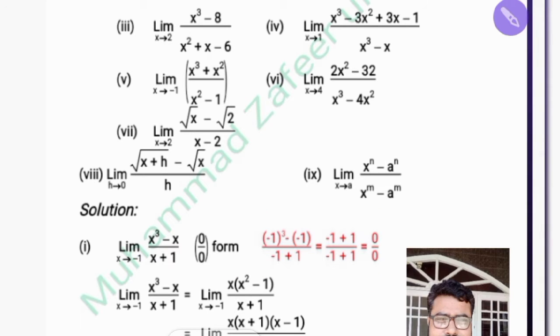For algebraic technique, it must be 0 by 0 form. Question must be 0 by 0 form. If there is no 0 by 0 form, it means algebraic technique will not be applied.